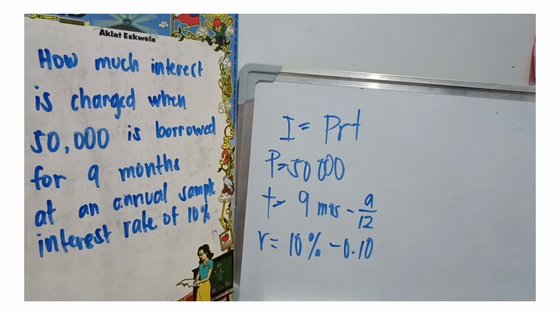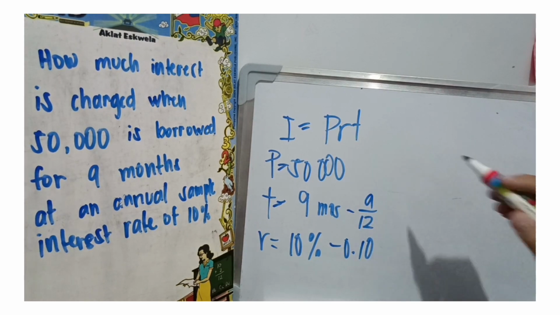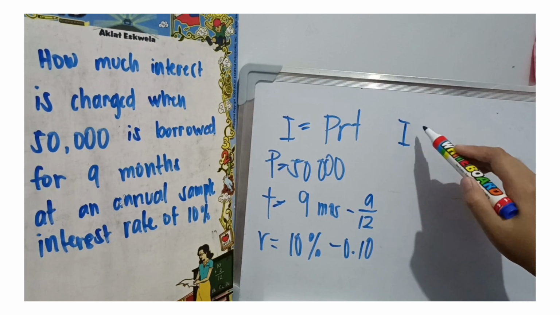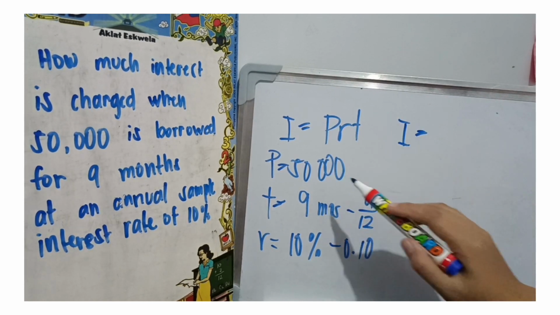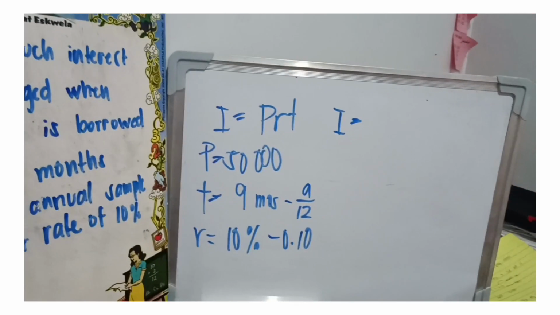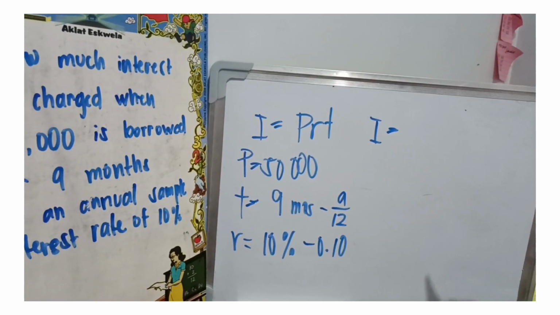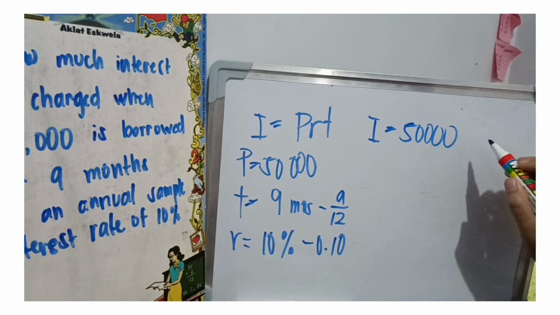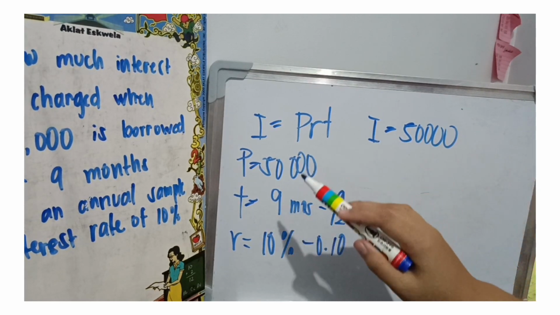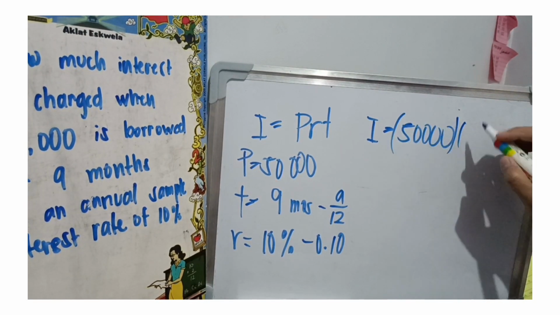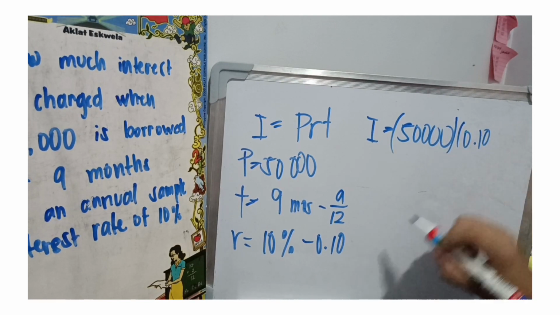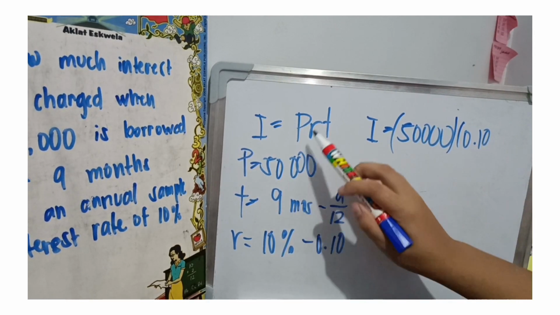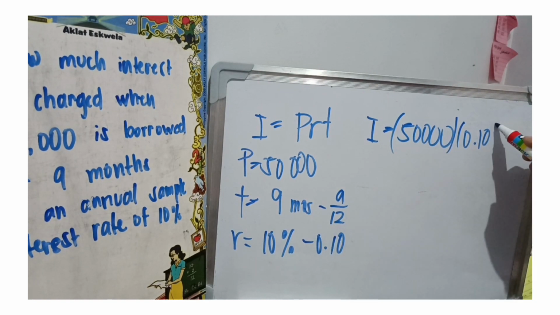So, let's apply the formula. I = PRT. So, interest equals 50,000 multiplied by 0.10, our interest rate. Next is time, which is 9 over 12.